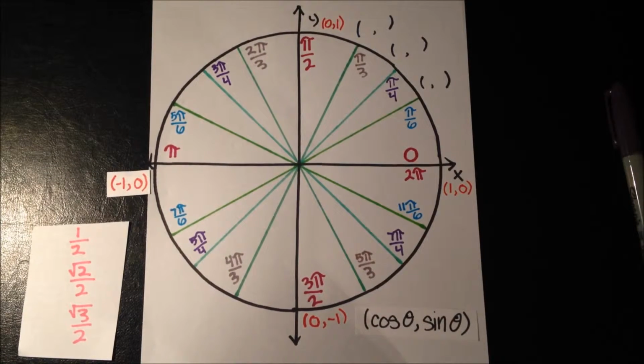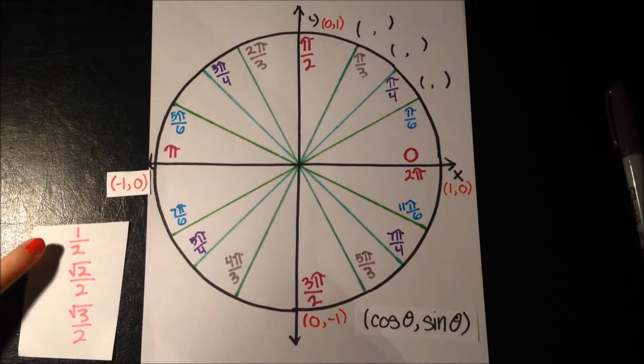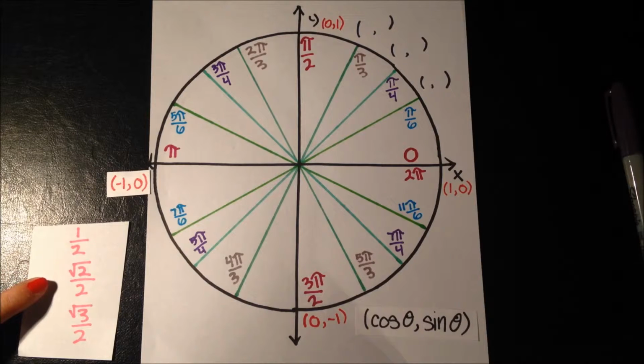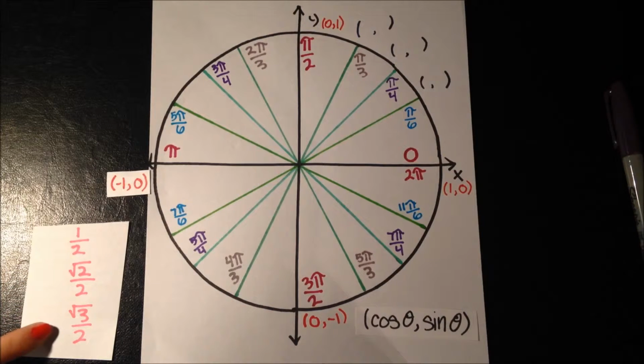Okay, so the three numbers we will be using to fill in all of the coordinates will be 1/2, which is the smallest, √2/2, which is the middle one, and √3/2, which is the biggest. And we'll be using these three numbers to fill in the points on the entire unit circle.